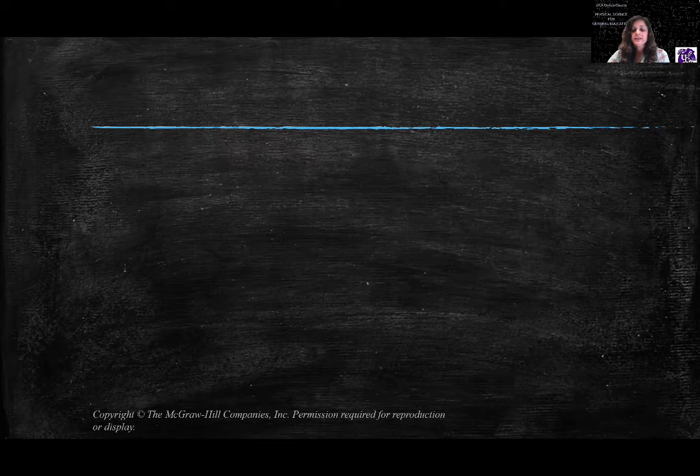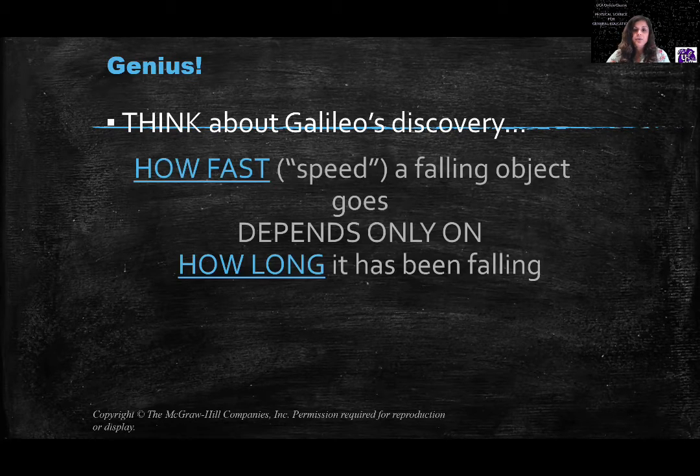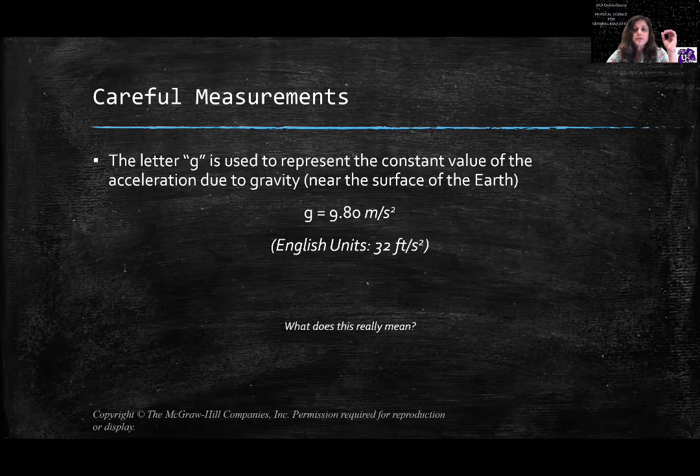So the greater the time you have it falling, the greater that velocity will be. And so how fast it's moving depends on how long it's been falling. And since objects fall at the same rate, the change in velocity is happening at the same rate, they have the same acceleration.